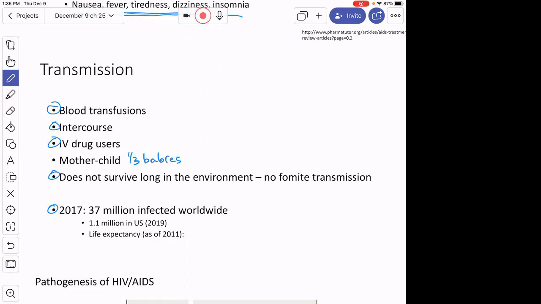So really still a huge problem, but as of 2011, life expectancy was 70 years. And today, I just looked this up a few days ago, it said normal lifespan. So that's pretty astonishing. In 1996, the lifespan was 39 years.